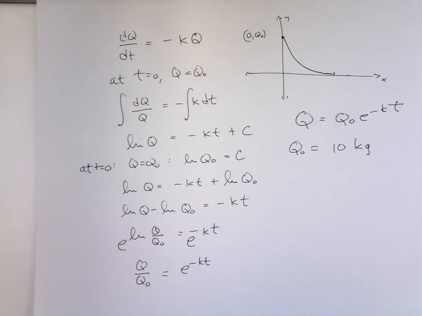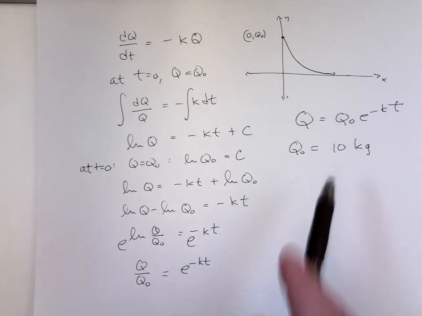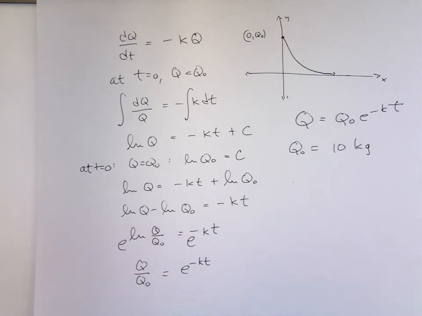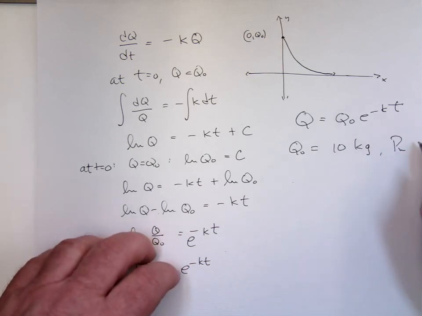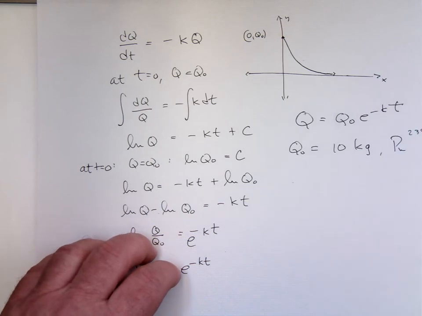Okay. So let's suppose we have 10 kilograms of plutonium. What's that? PU, 238? Yep. So how do you write that? Like this or something? Yeah, you write it at the top because it's an isotope. Okay, that's our initial amount.